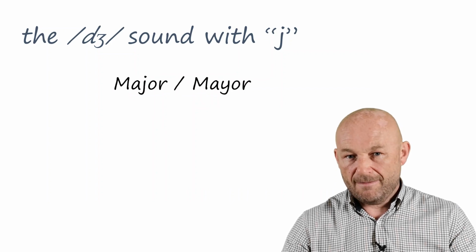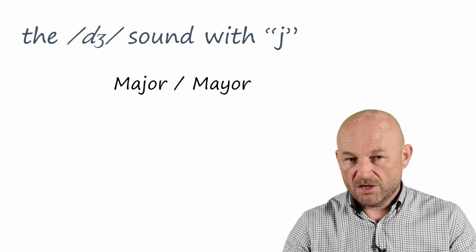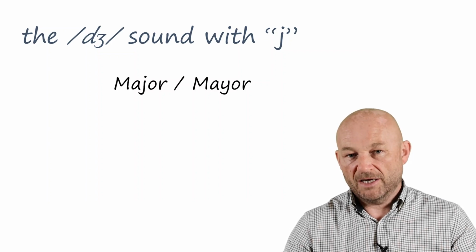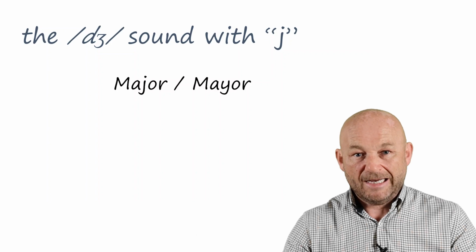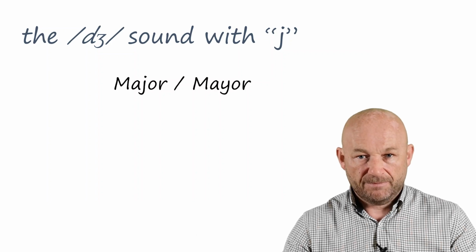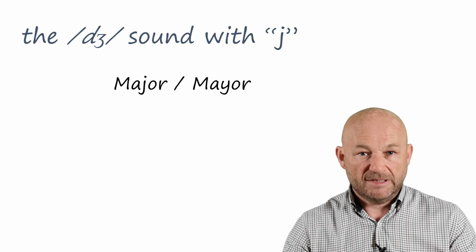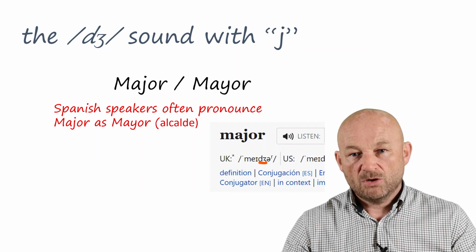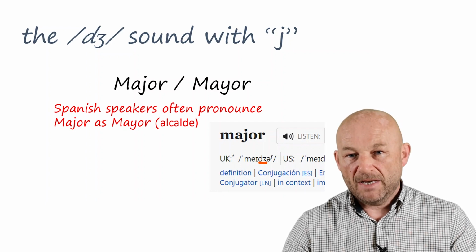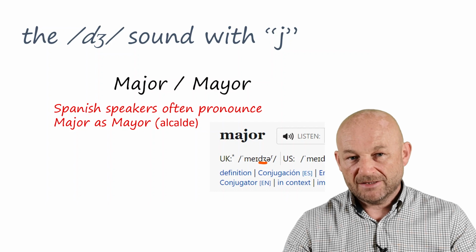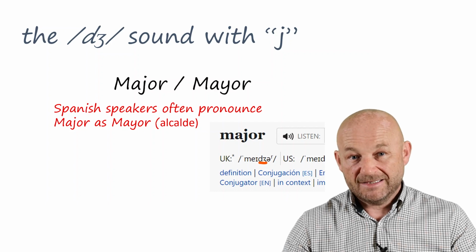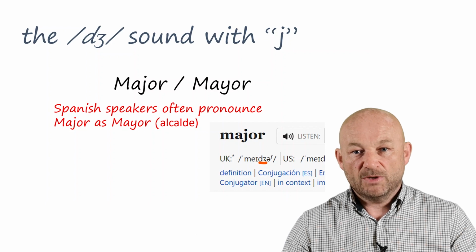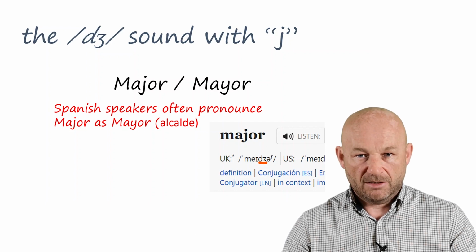The word is major and not mayor or some other variation. Mayor actually means alcalde. Here you can see the j phonetic in the word. Go and practice the word major in your speech-to-text recognition now and see how you get on. You'll probably find that you will have some difficulty in getting the correct result.